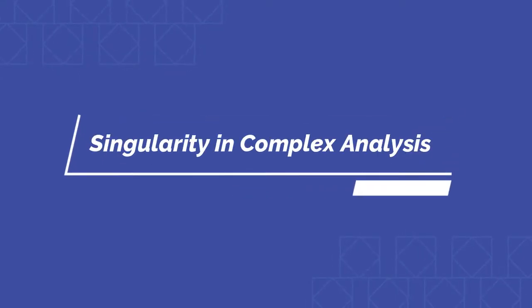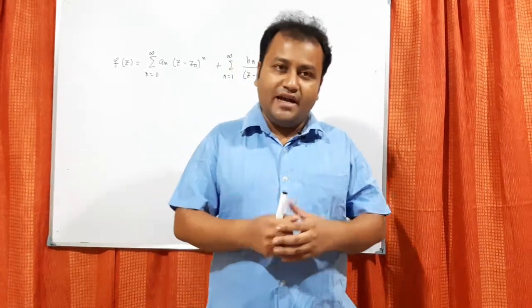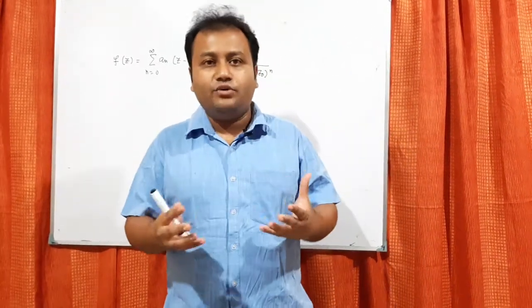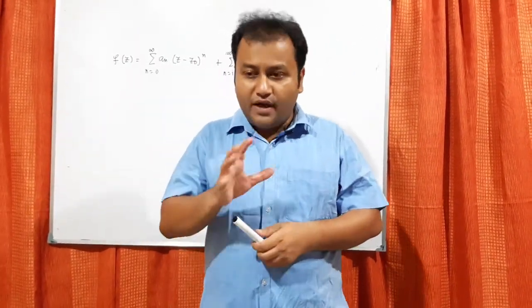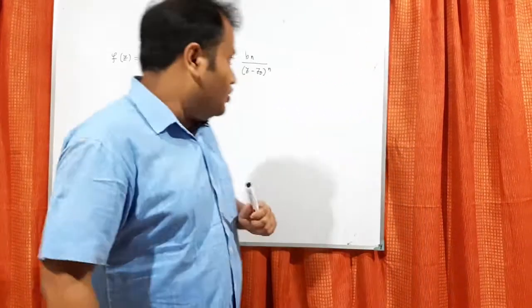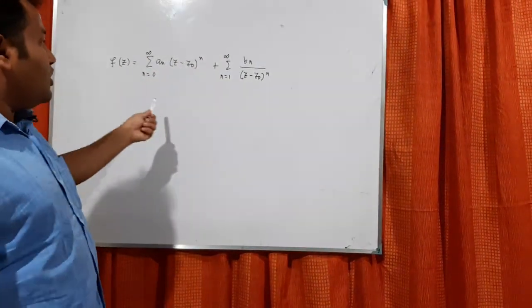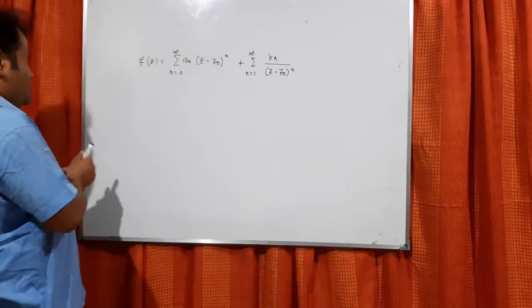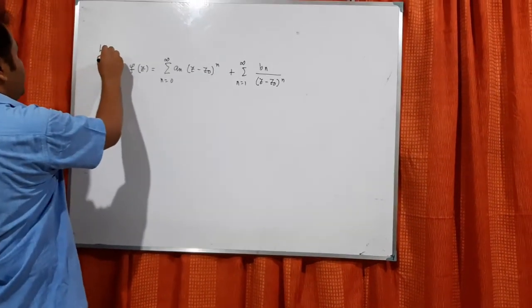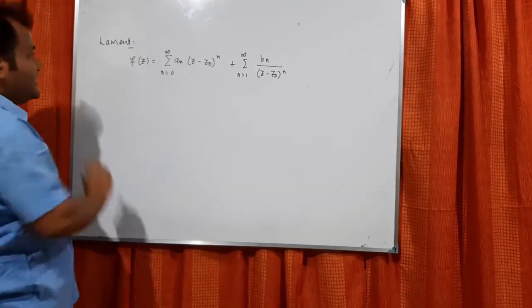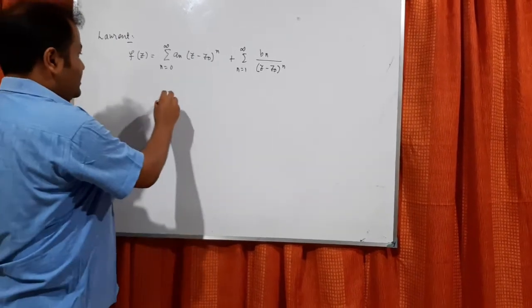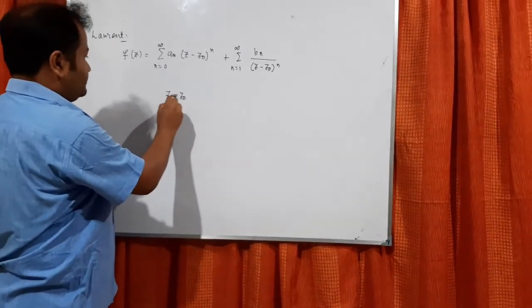Today we will discuss something about singularity and how we can calculate the residue at singularity. So first, all of you have known that this expression is called a Laurent series expansion around the point z equals z naught.